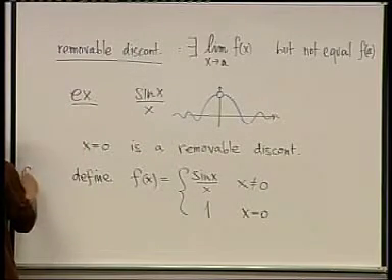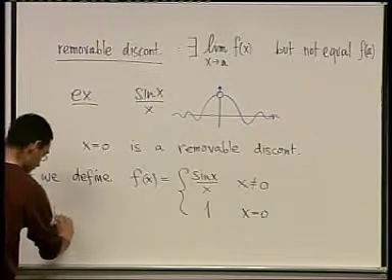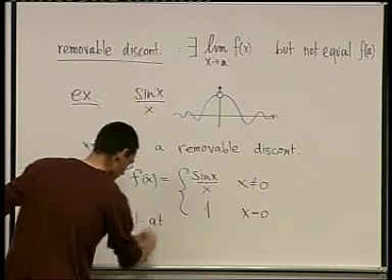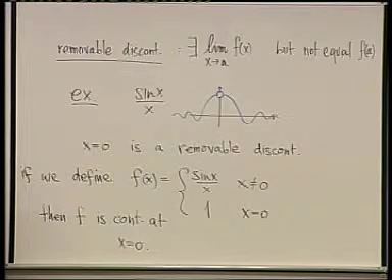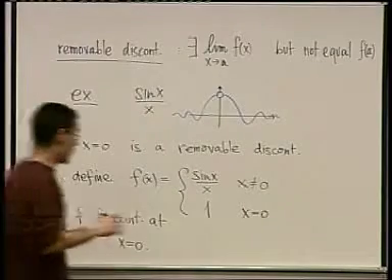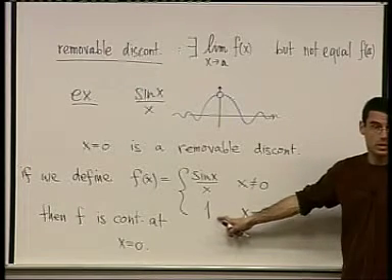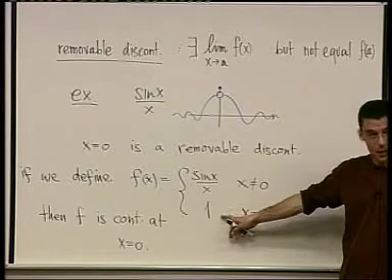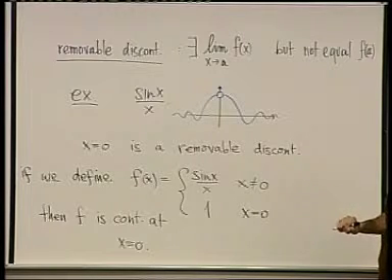So if we define this function, then f is continuous at x equals 0. Does everybody agree? Good? Clear? And if we define it like this, but put here any value other than 1, then we didn't fix anything. It's still not going to be continuous. Clear? So this is the notion of a removable discontinuity.